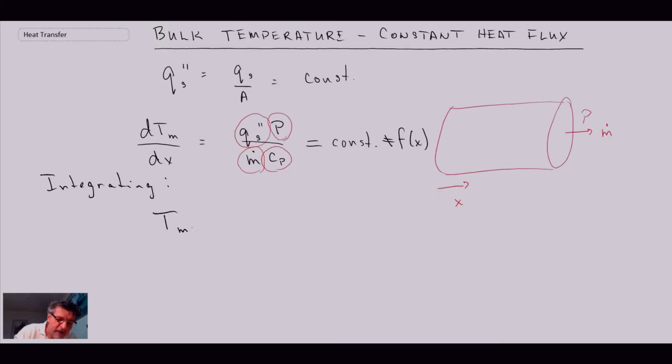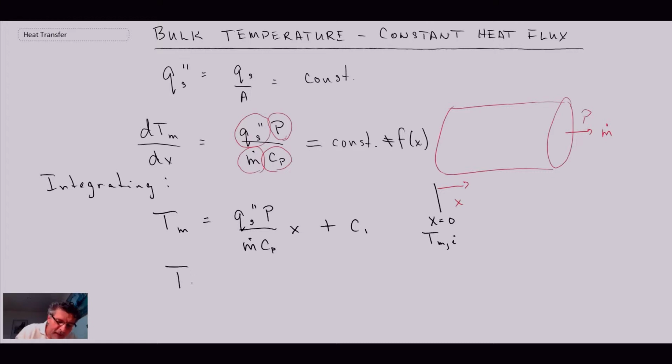To integrate this expression, the first term is a constant, and then we will have a constant of integration C1. We need to apply a boundary condition. We're going to say at x equals 0, the temperature is the bulk temperature on inlet, T_mi. That will be our boundary condition.